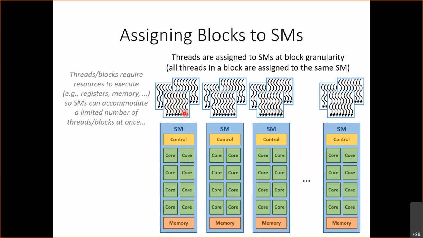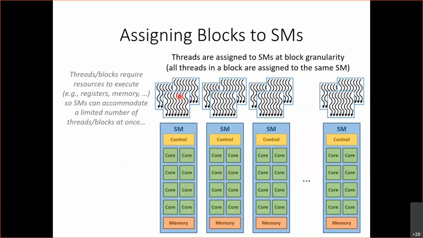Part of the reason is that all the threads in the block need to run on this SM, but this SM has a finite amount of hardware, so it can support a finite number of threads at the same time.